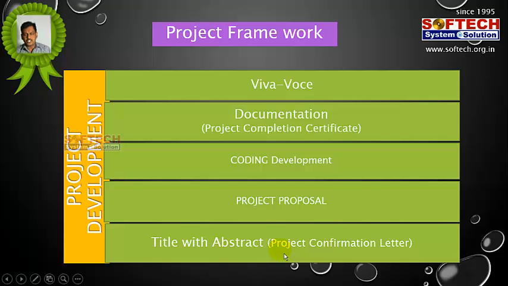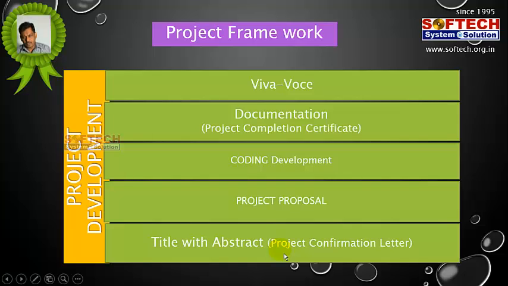The documentation consists of the project title, acknowledgement, the project completion certificate, the index page, and the conclusion of the project. There is a framework to create the documentation, which is given by the college or university.